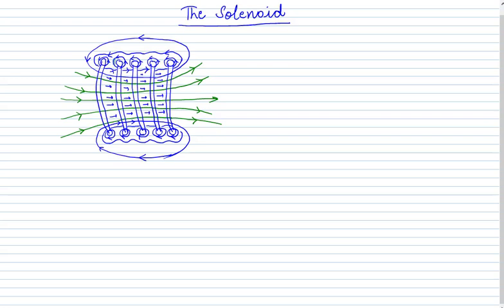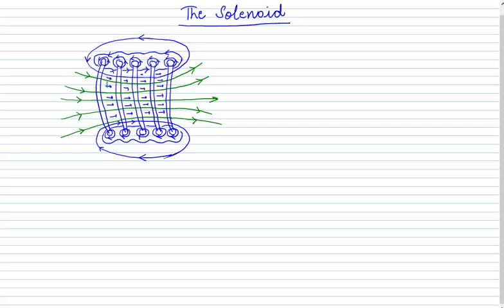These circular loops show that the field between two neighboring turns vanishes. Similarly here it is in the opposite direction, so it vanishes, here it vanishes, here it vanishes. Between all these neighboring turns the magnetic field vanishes.